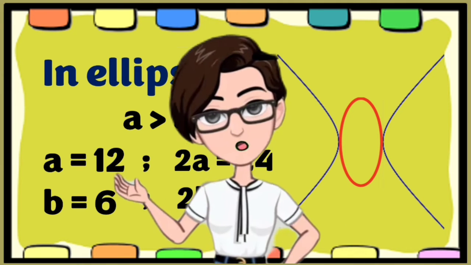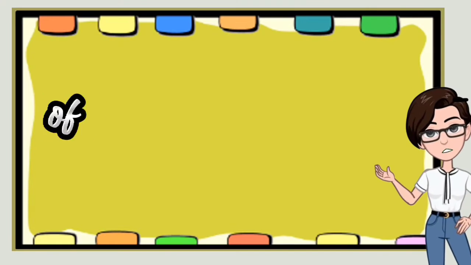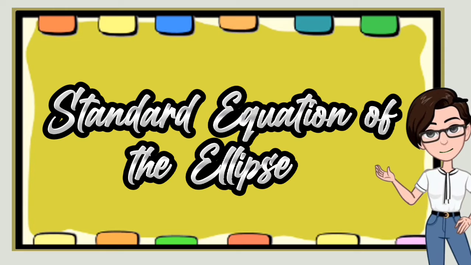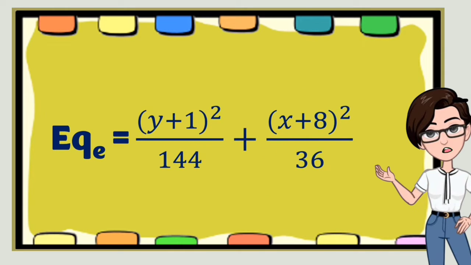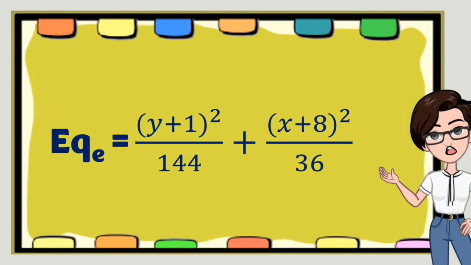By having the center, major, and minor axis of the ellipse, we can now have the standard equation of our ellipse, which is quantity y plus 1 squared all over 144 plus quantity x plus 8 squared over 36 is 1.